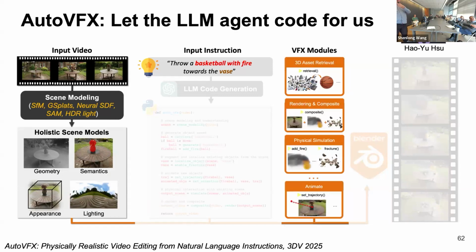The different part lies in the fact that we have some atomic functions for different simulation components. Rendering is the different composition functions and PBR functions, and physical simulation is particle simulation, fractures, and so on. And animation is essentially setting trajectories and so on and so forth.